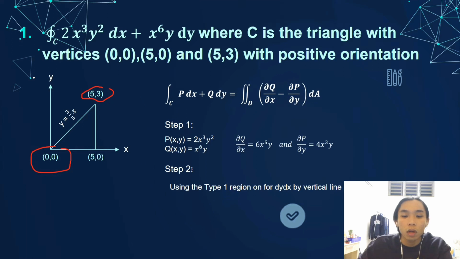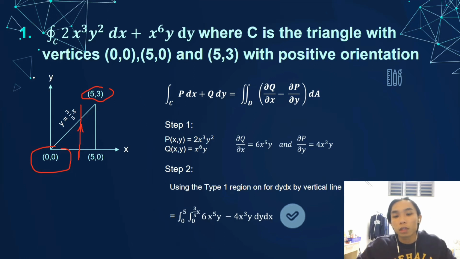For step number 2, we will use the type 1 region by using this vertical line. For the limit, for dy, the lower limit is 0, and the upper limit is 3/5 x, and for the x limit, it is 0 and 5.